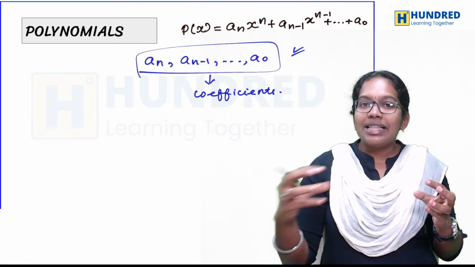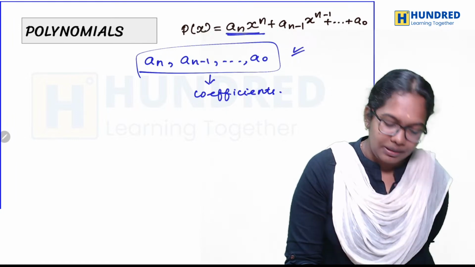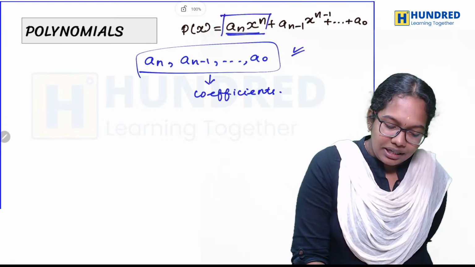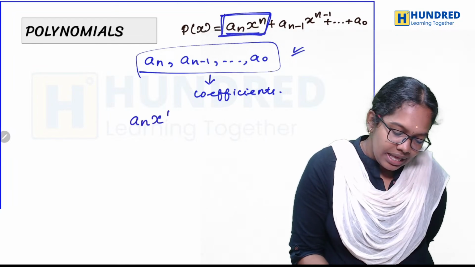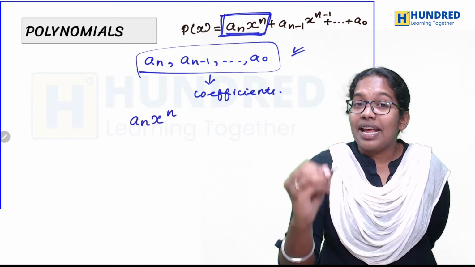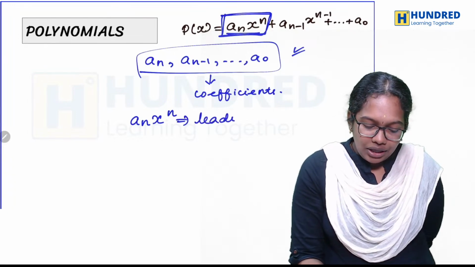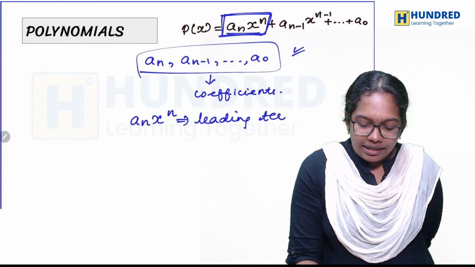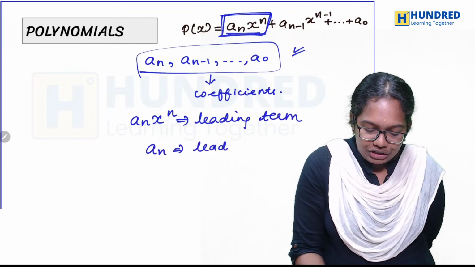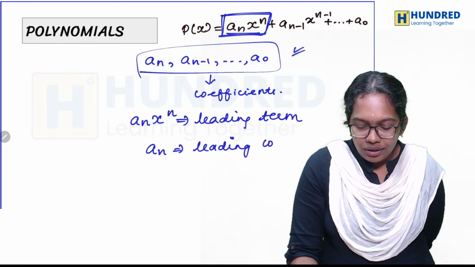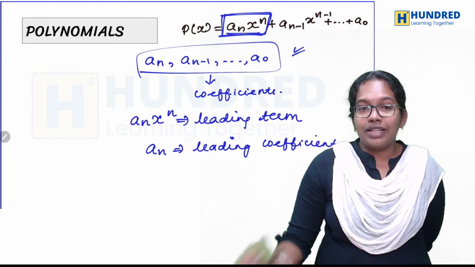In such a polynomial, the first term, a n x power n, is called the leading term, and this a n is the leading coefficient. You need to know these things.